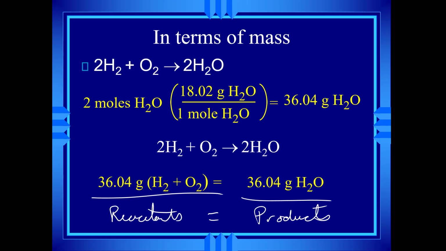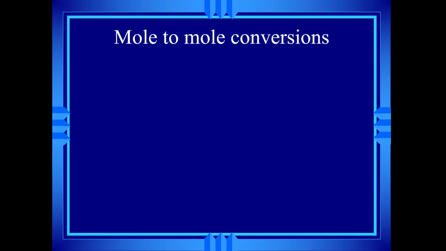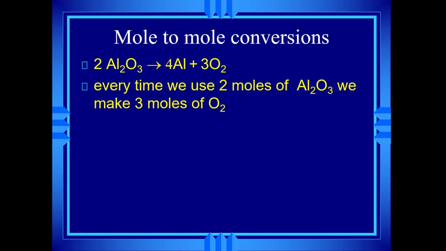And we're not going to do this math today, but what we're going to do is now we're going to be able to go from moles to moles. In the past, we turned moles into grams, right? Or liters or particles. Now we can turn it into moles. So this equation says every time I use 2 moles of Al2O3, I make 3 moles of O2.